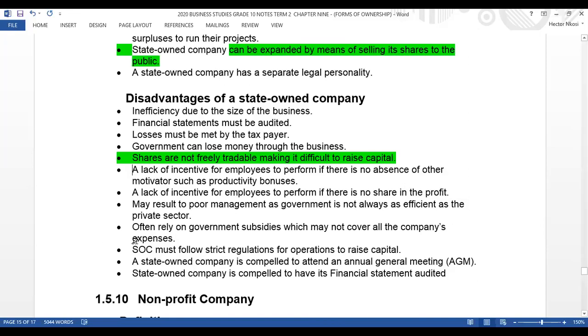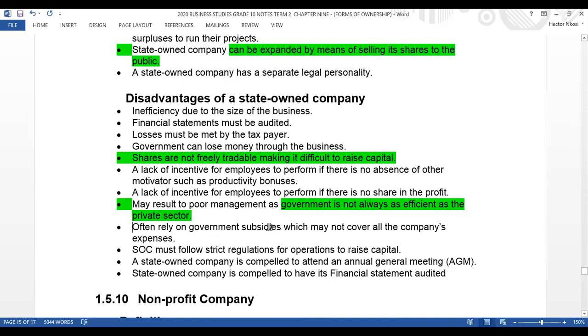That may result in poor management, as government is not always as efficient as the private sector. I mean, it's not always. We know that government is not always as efficient as a private sector. So that may result in poor management.